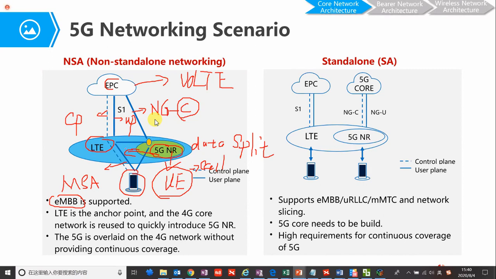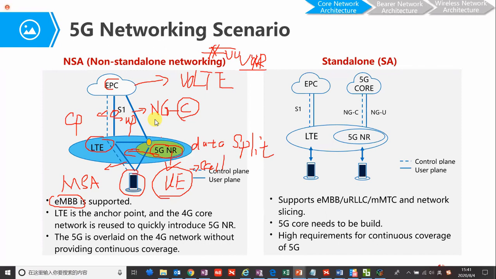So we also need the user plane to go through our LTE and EPC. This is another reason. Maybe in the future we will just have VoNR, maybe in several years later, VoNR.